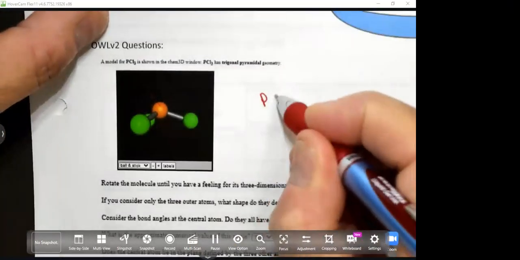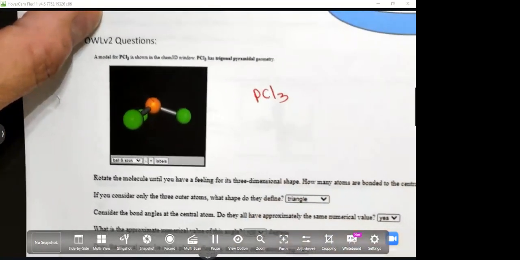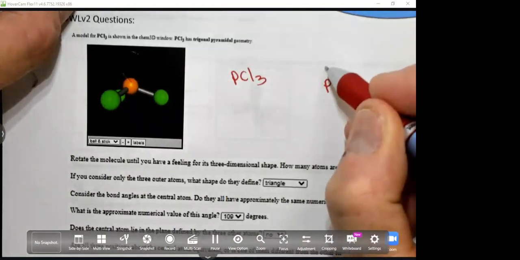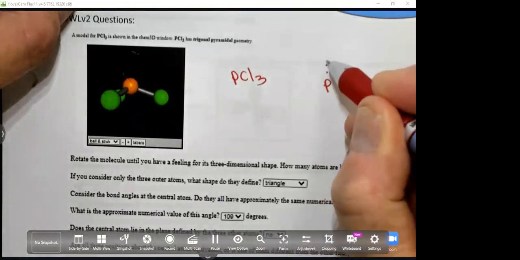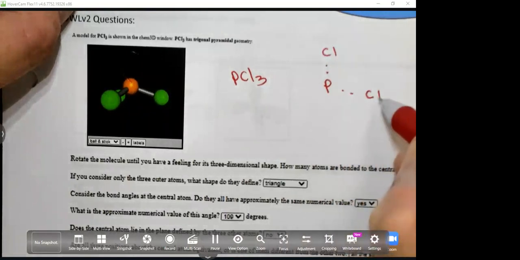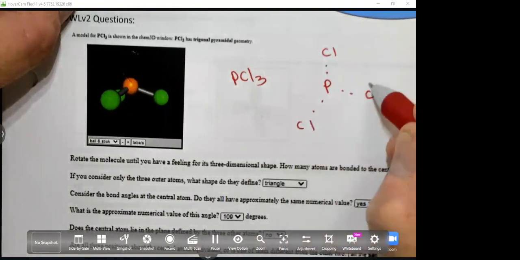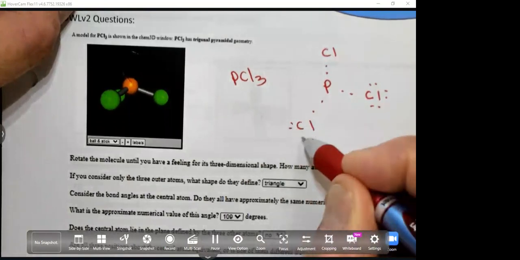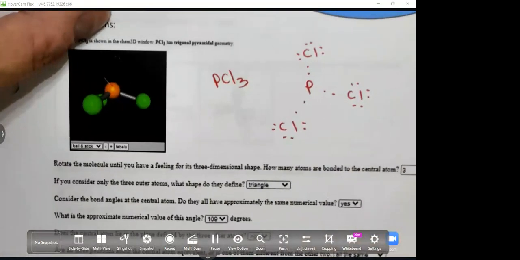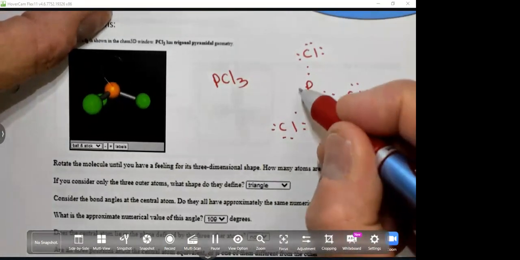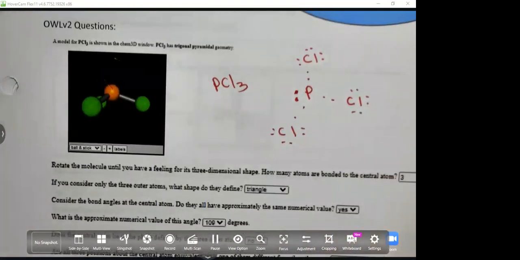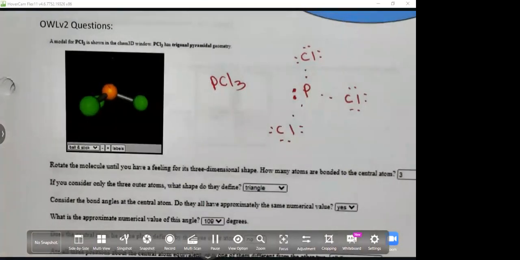Or you can just draw it out. If you have PCl3, and if you draw the structure out, you got a 3-1 out of that.